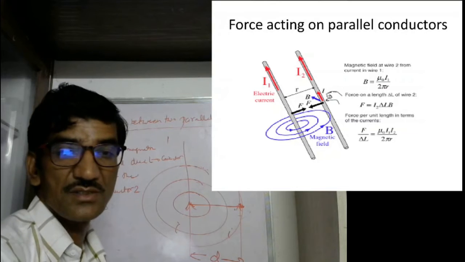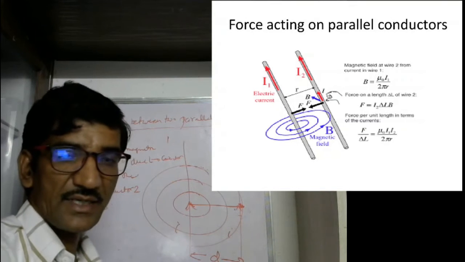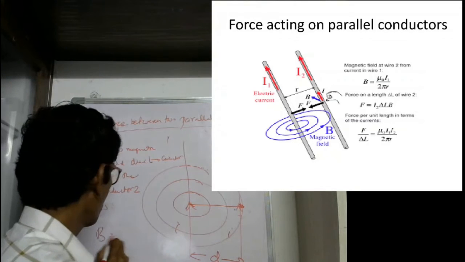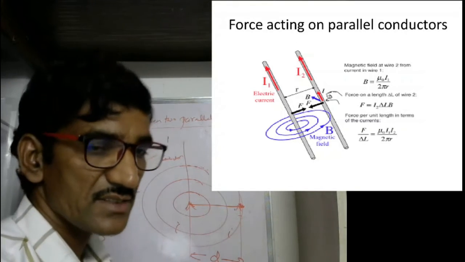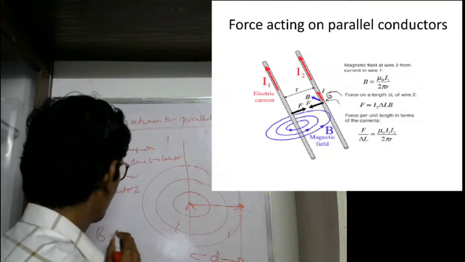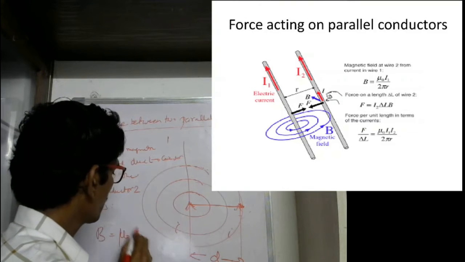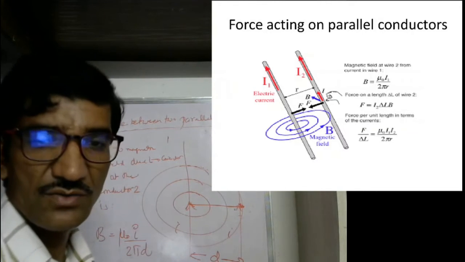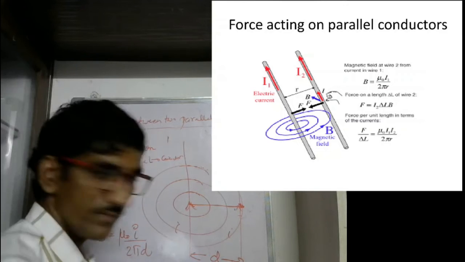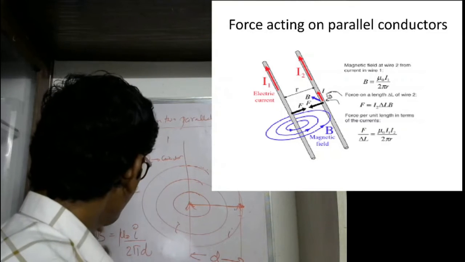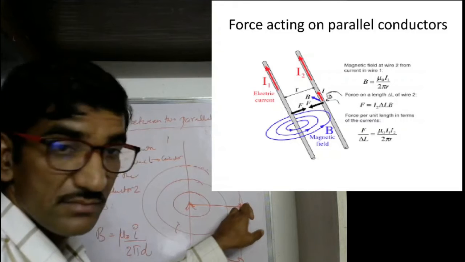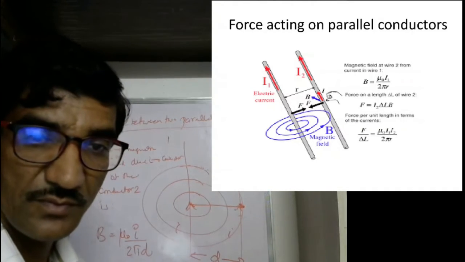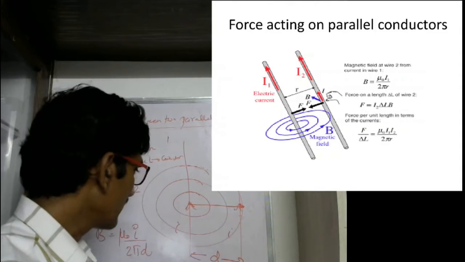You take directly the formula of the infinite straight conductor, which we derived in the previous class: B is equal to mu naught I by 2 pi r, that means 2 pi d. This much field we have at the place of conductor 2. So this is the external field at conductor 2.